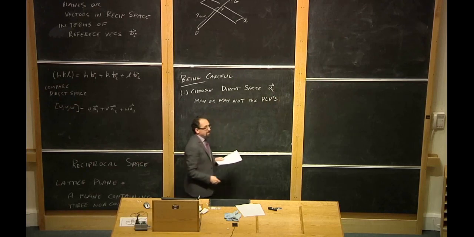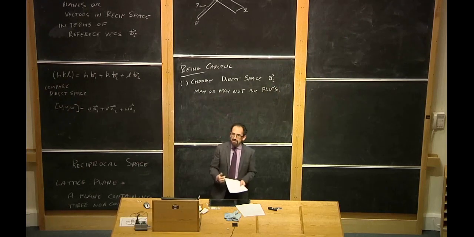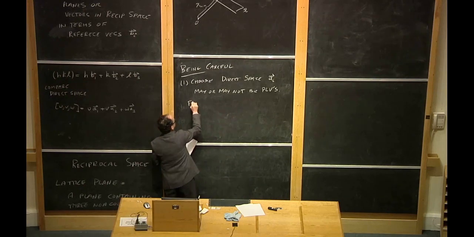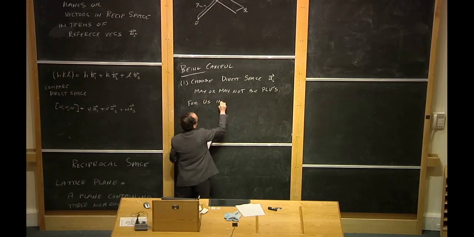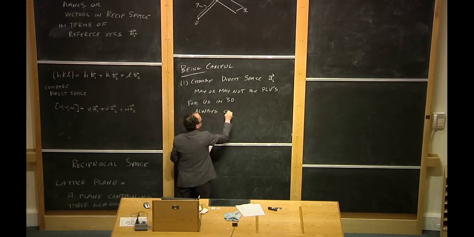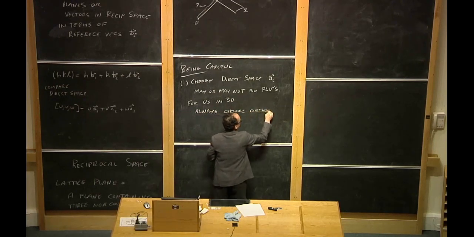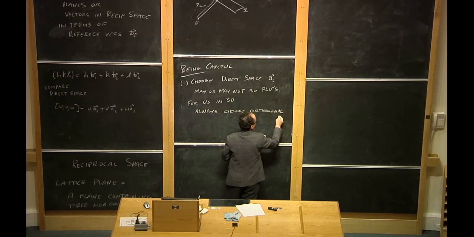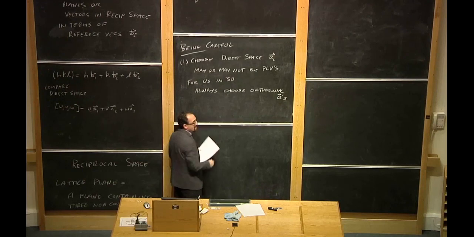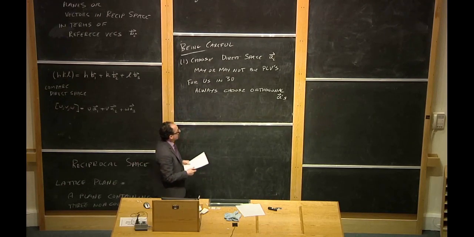Now for us, you'll remember we had this rule that we're not going to be responsible for lattices in 3 dimensions where the axes are not orthogonal. For us in 3D, we always choose orthogonal a's. Sometimes in 2D they'll ask a question where they're not orthogonal, but in 3D we always choose orthogonal a's.